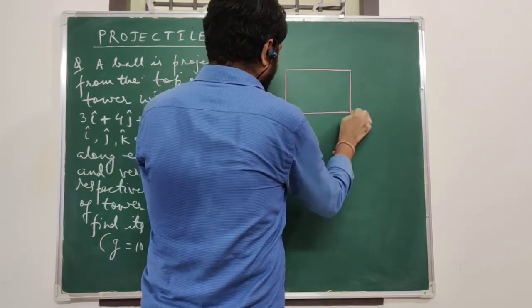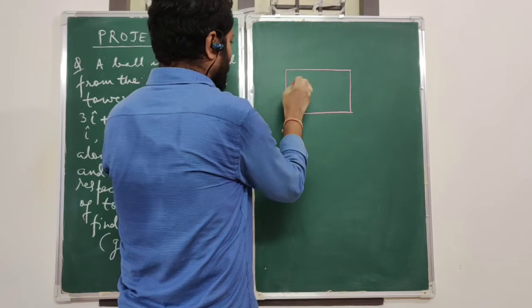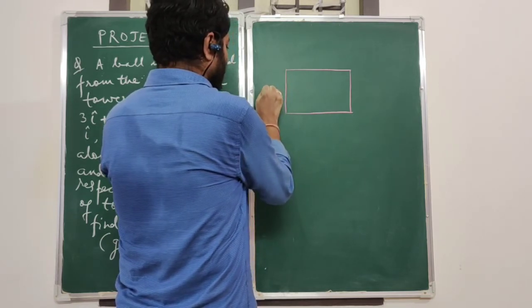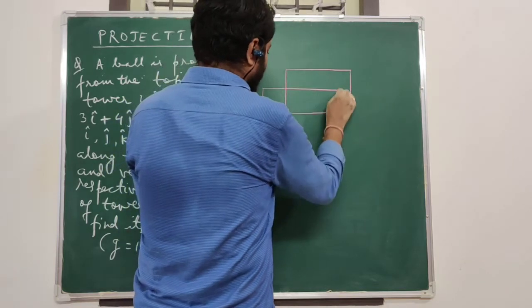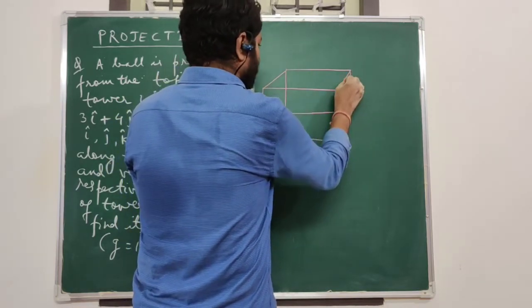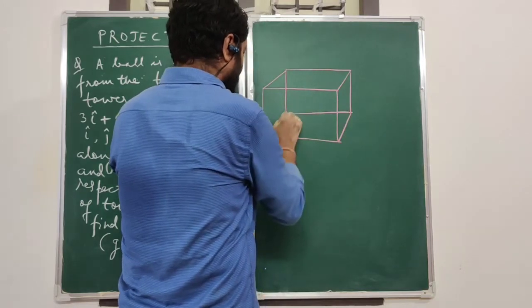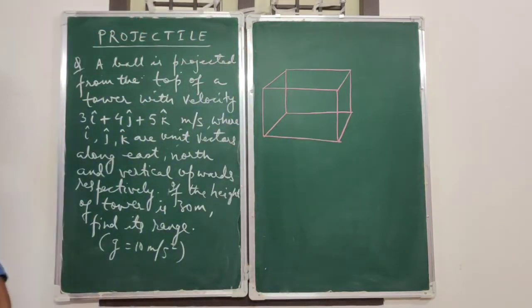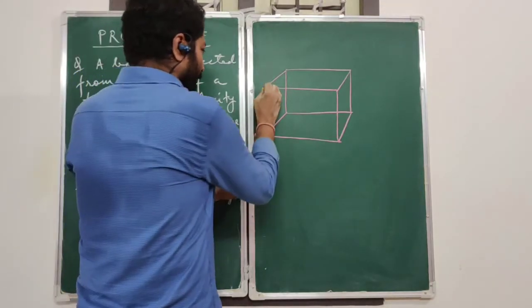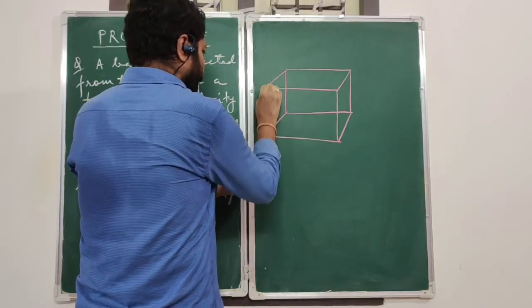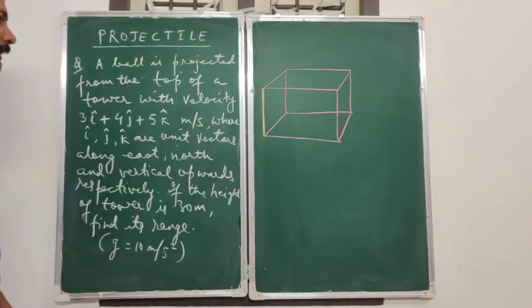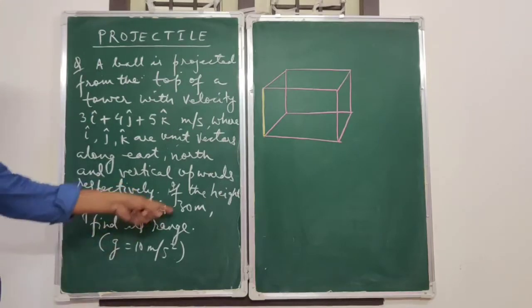So first we are drawing this system here. Now let us say this is the tower, and this tower is 30 meter high.